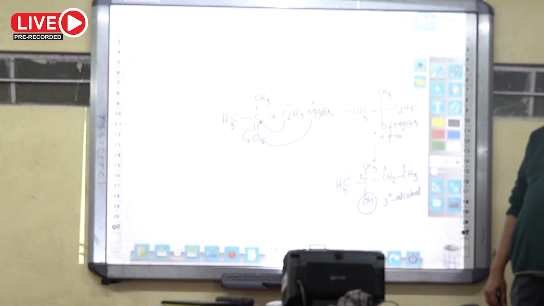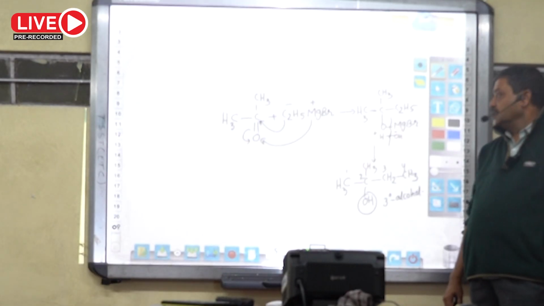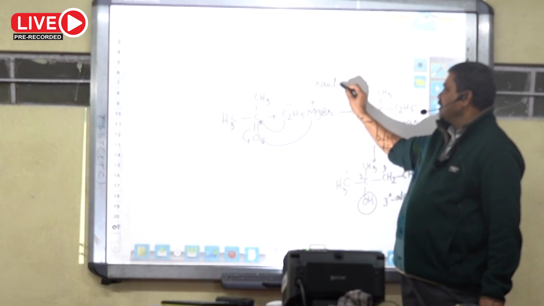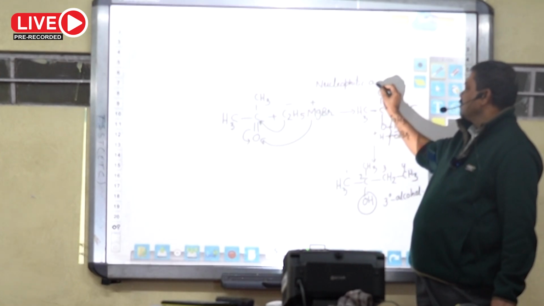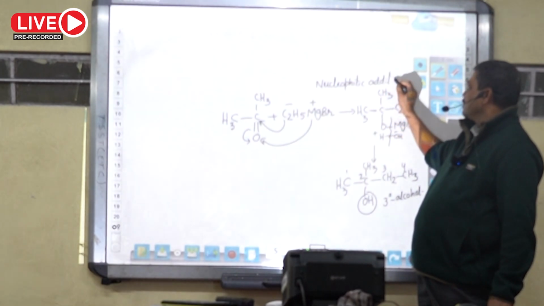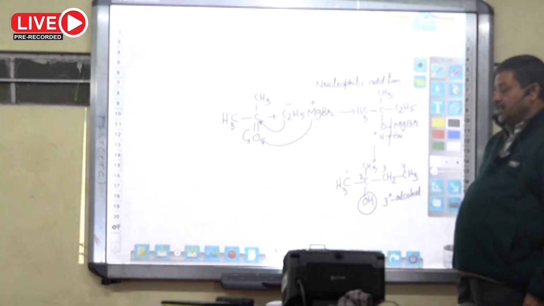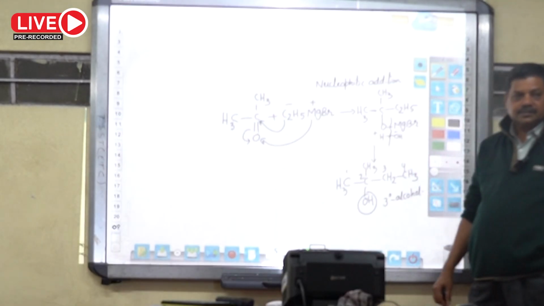So ketones with Grignard reagent always give tertiary alcohol. This is an example of nucleophilic addition.